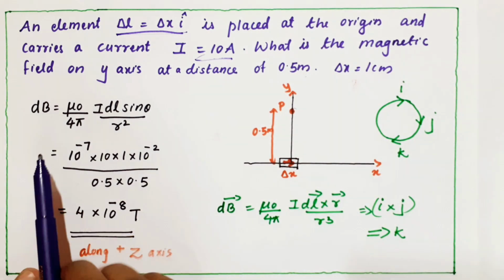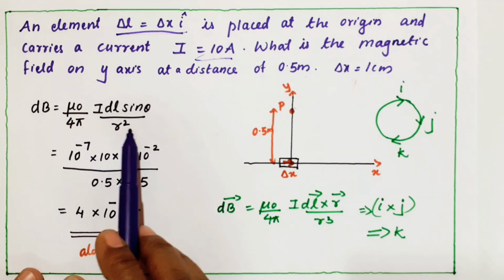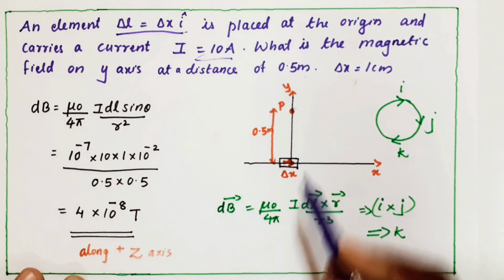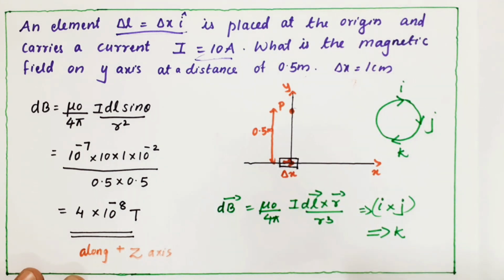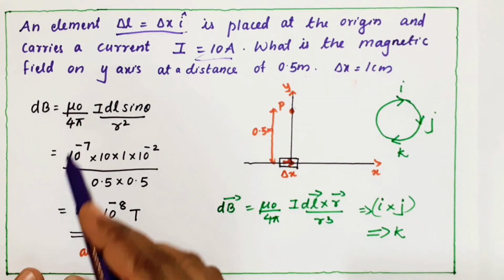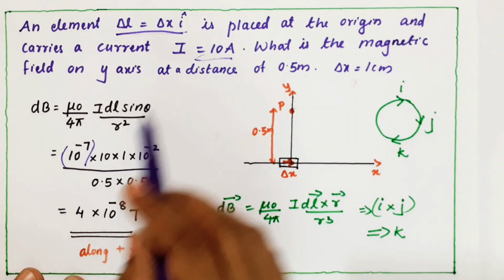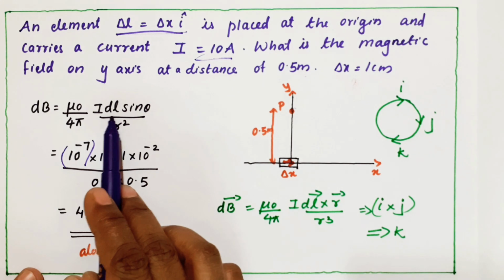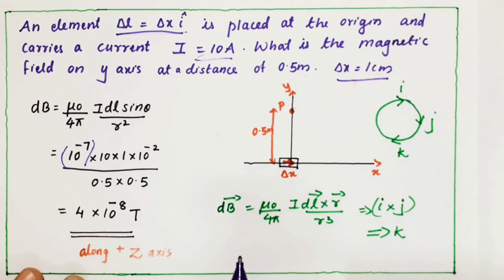So I use the Biot-Savart law, dB equals mu naught by 4 pi, I dl sine theta by r square. They are perpendicular, so I can take this angle as 90 degree, sine 90 equals 1. Mu naught by 4 pi value is 10 power minus 7. I they gave as 10. Delta L they gave in the question, delta x equals 1 centimeter.